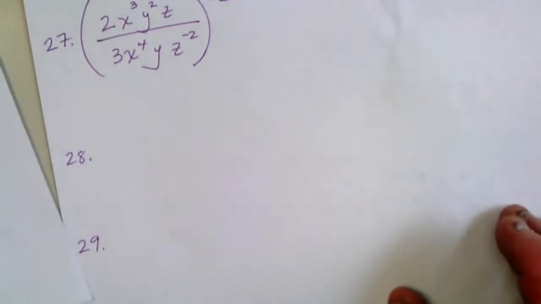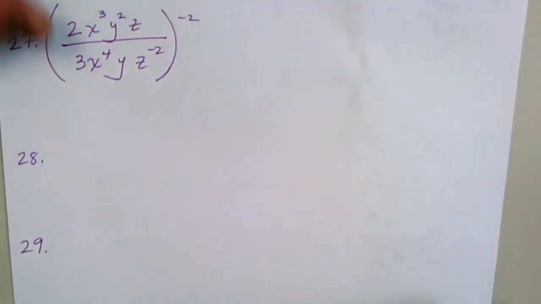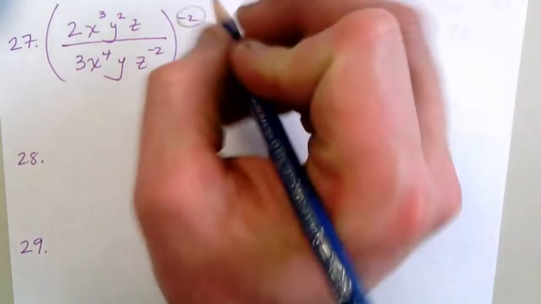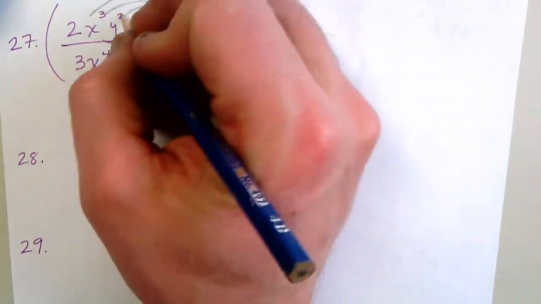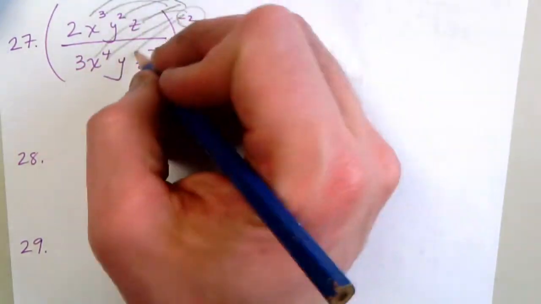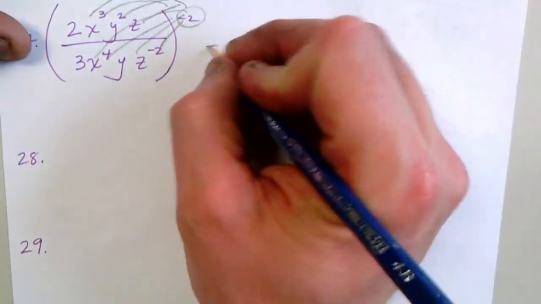All right, for number 27, oh, get that paper up there. Okay. I've got this negative 2. It's going to go to every single thing inside the parentheses. Everything.